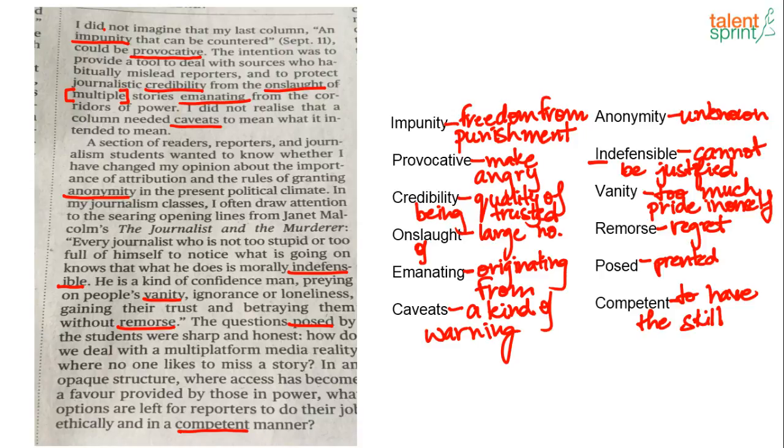He also wanted to protect the credibility, the trust that reporters have, from the many stories that powerful people tell, which may or may not be true. Then, I did not realize that a column needed caveats to mean what it intended to mean. He said he did not know that a column that he wrote would need him to warn people.